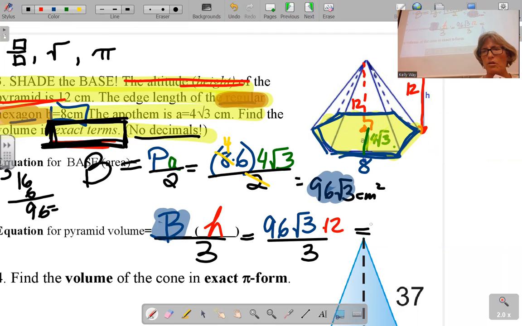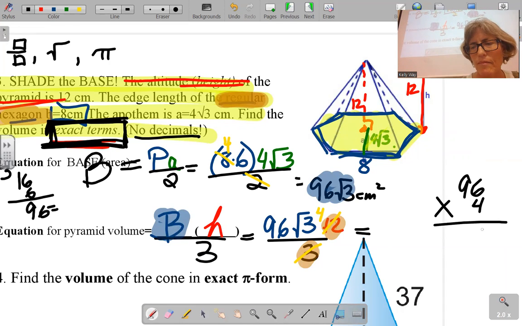There's like 3 ways to do it. I took the 3 into the 12, which gets you what? 4. And then 4 times 96. There you go.